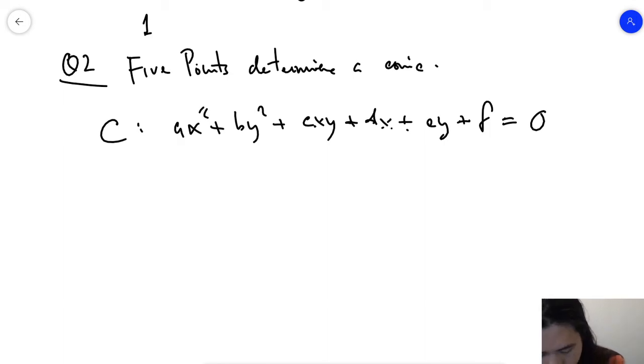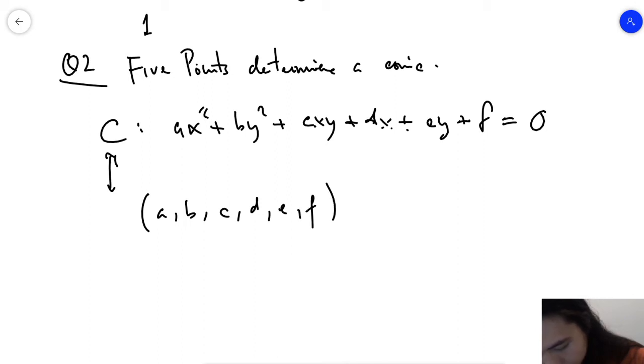So what is the parameter space of conics? Notice that for each conic we can associate it to a tuple of 6 numbers a, b, c, d, e, and f.